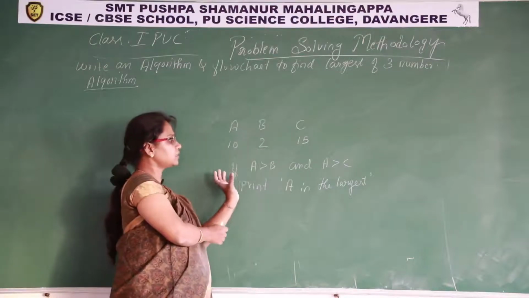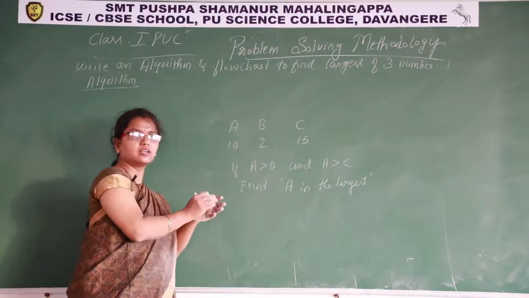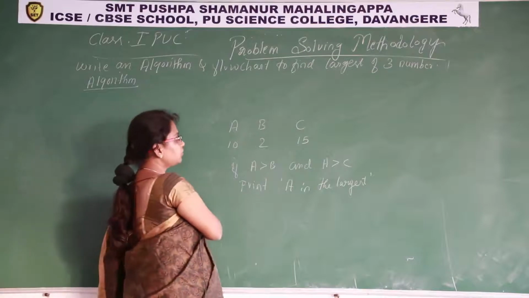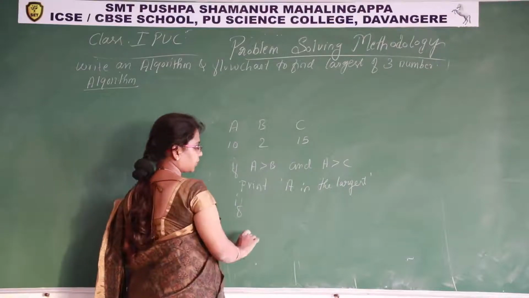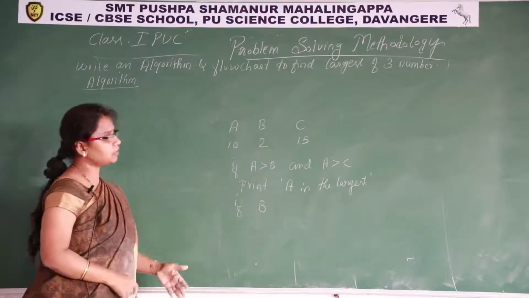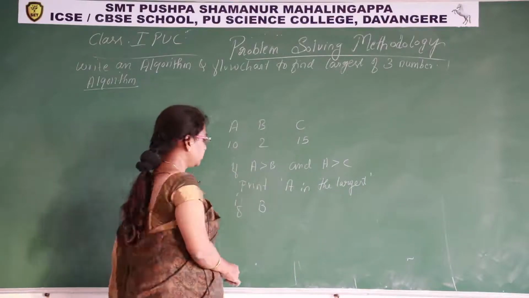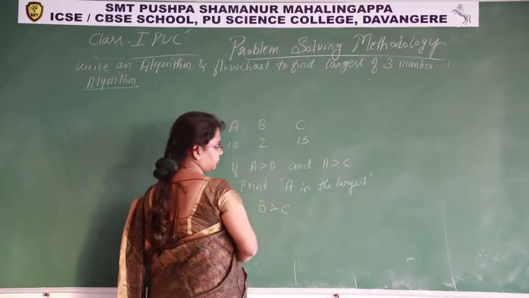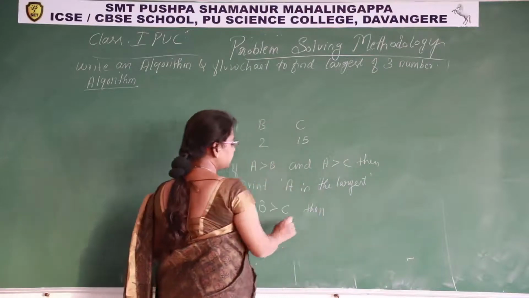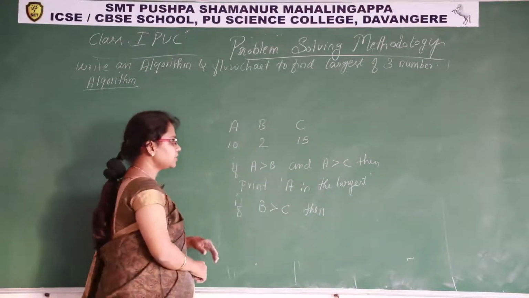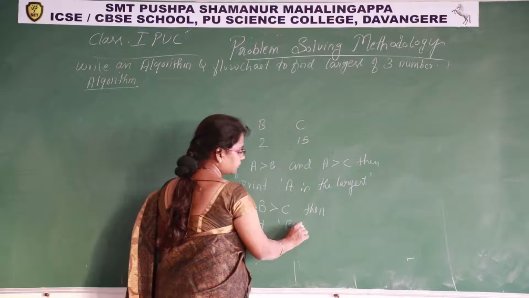It should come out of this computation. Now I have to compare B and C. We can write a solution in different ways; here I have taken one method. If B is greater than C, what is the conclusion? Then I can display 'B is the largest'. The computer cannot compare all these things at a stretch.